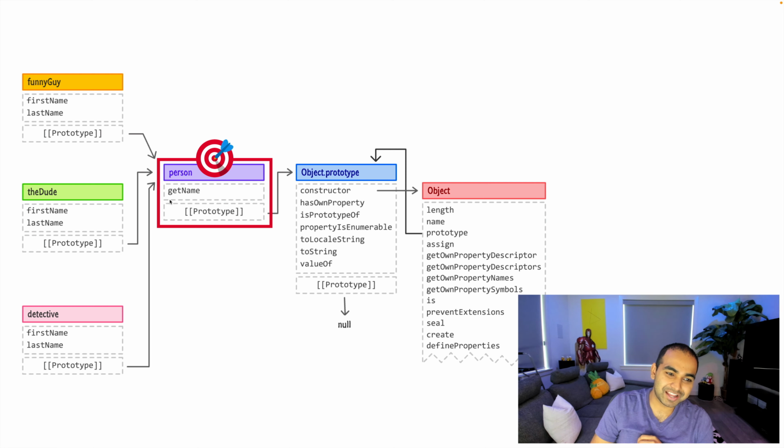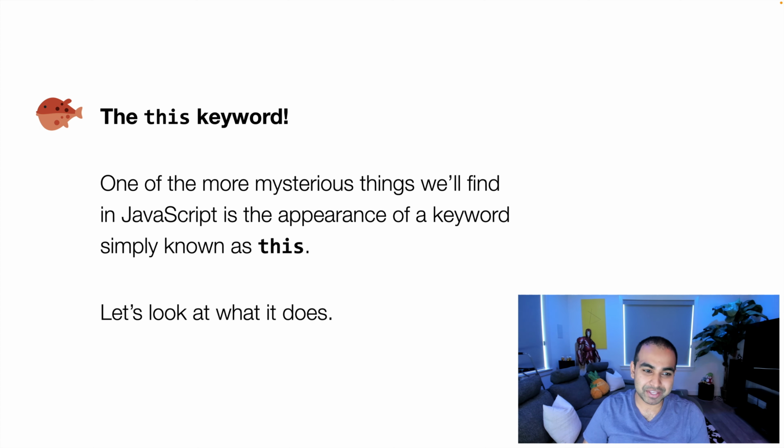So where I have getName right now, getInitials will appear just below it, and that means funny guy, the dude, and detective can have access to getInitials without each of them having to modify themselves to make all of that work. That is a great advantage because it decouples my implementation from having to worry about each copy needing to be modified, as opposed to just having a central source, a central choke point, be the primary area we update.